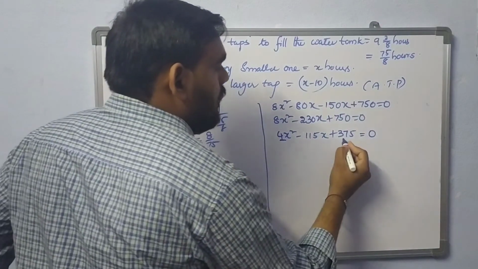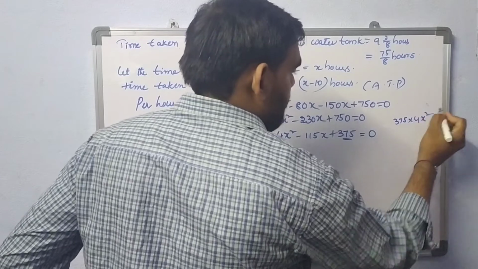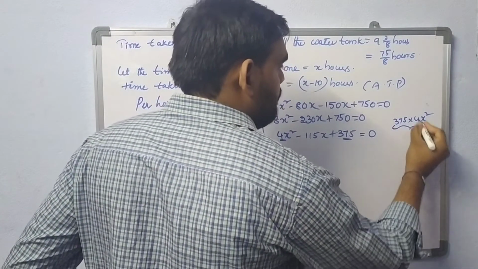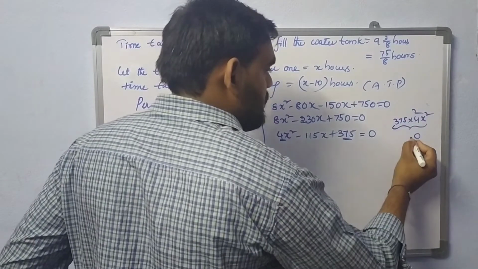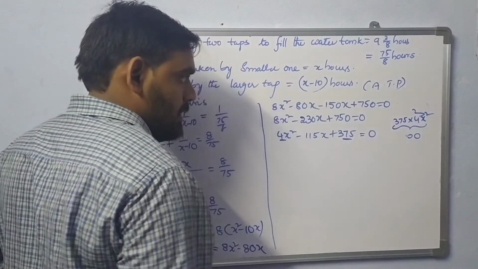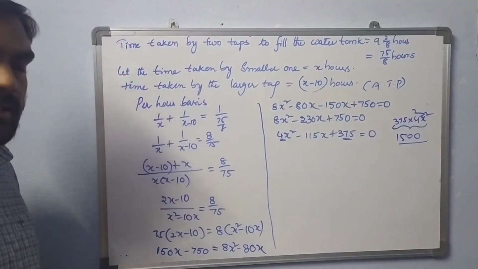Take the first term and last term, 375 into 4x square. We get 4 5s are 20, 4 7s are 28 plus 2, 30, 4 3s are 12 plus 3, 15. Here we got 1500.